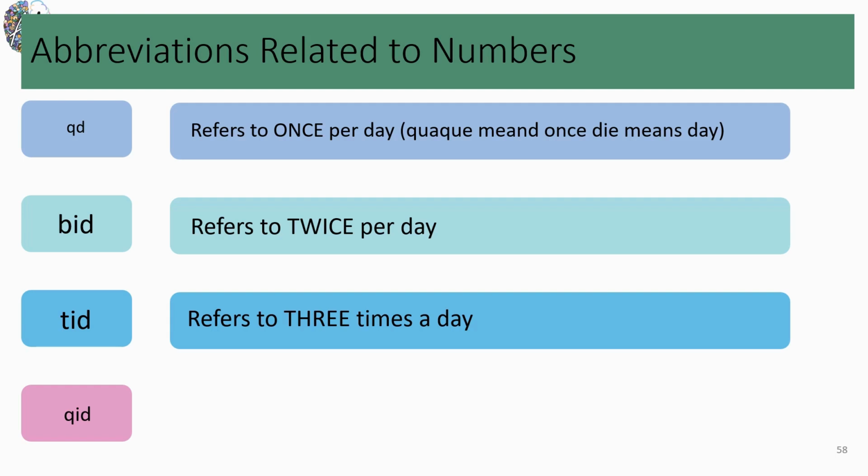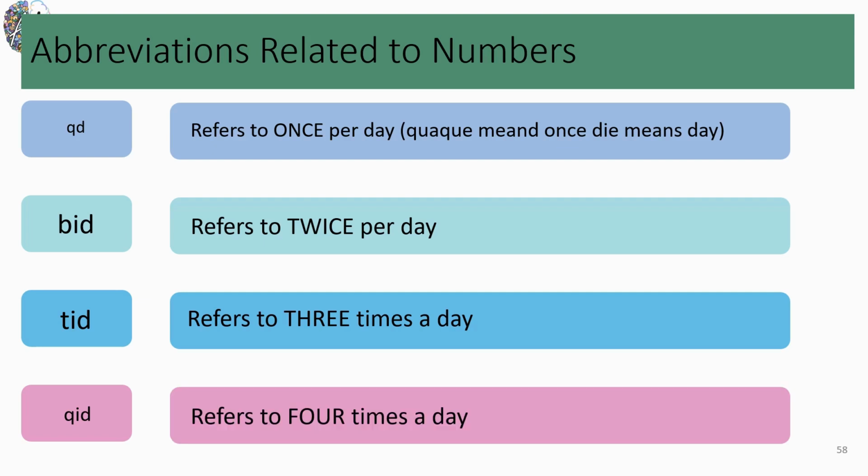TID, right, that T portion stands for the tri prefix, so that refers to 3 times a day. And QID with the I, that Q portion is in fact that quad, which refers to 4 times a day. So really understanding how much dosage you are giving your patient and how many times a day is critically important, right? Make sure that we're keeping our patients safe by memorizing these particular 4 abbreviations.